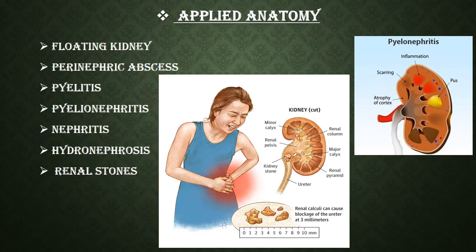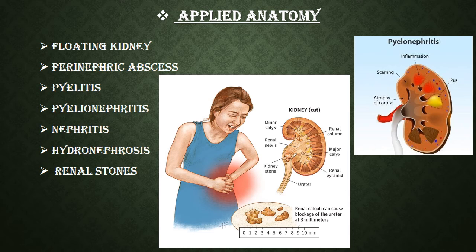It is a condition of displacement of the kidney where it moves up and down from its pedicle, and the renal vessels can be palpated at the anterior abdominal wall at the lumbar region.